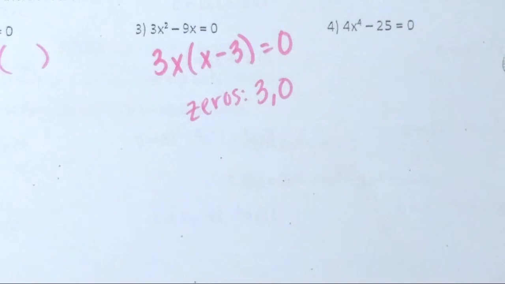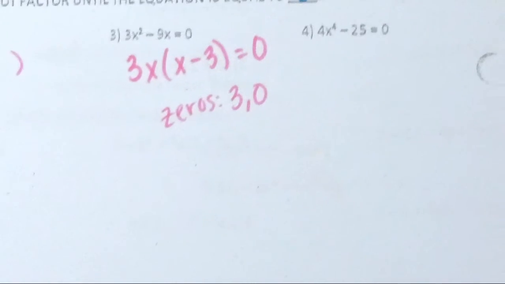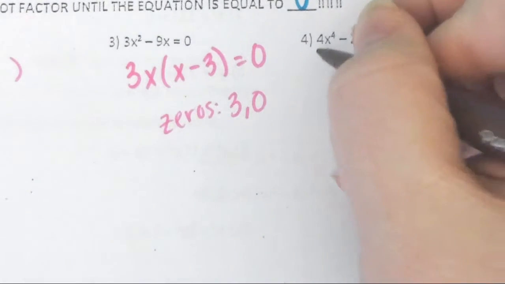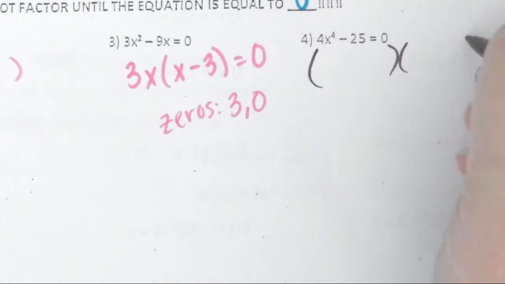And number 4, I would be super happy with, and it would be really easy if only the degree was not 4. If the degree was 2, we could rock it out really fast. However, you're smart, and we can still factor this using our perfect squares.